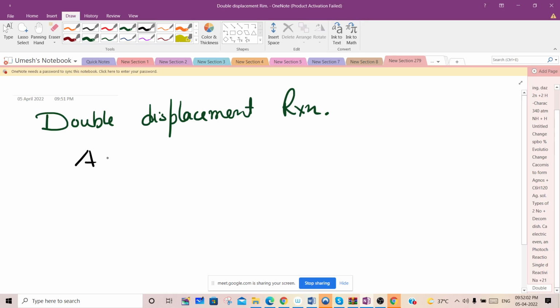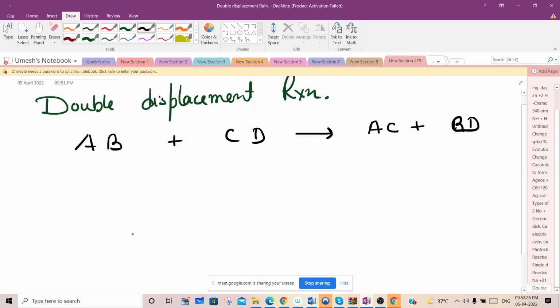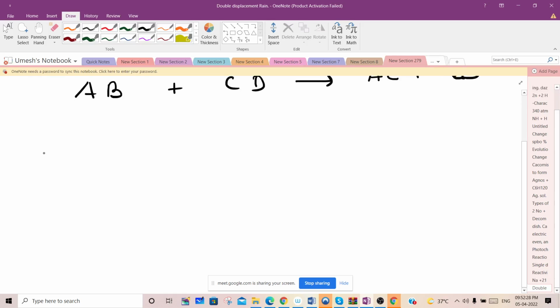In which the reaction will be like this: AB plus CD. They will be exchanging their partners and they will form here AC plus BD. Can you say that they have exchanged their counterparts? Yes, sir. Such type of reaction is called the double displacement reaction.